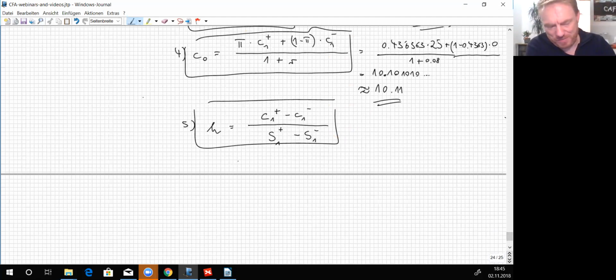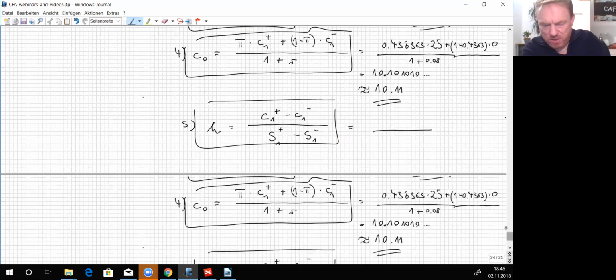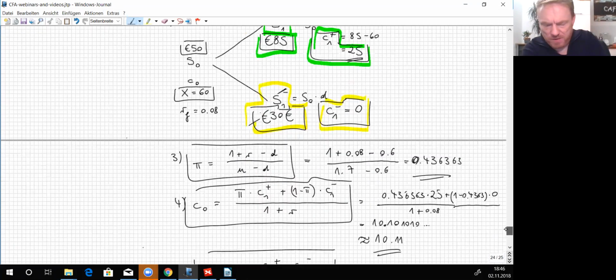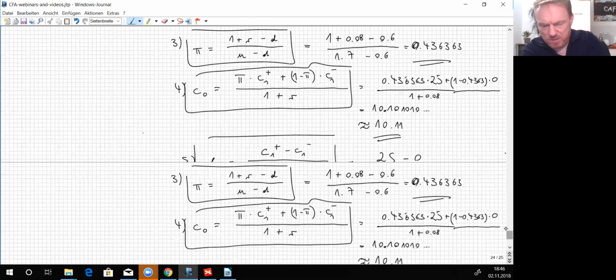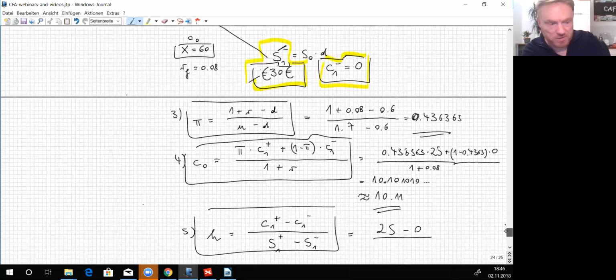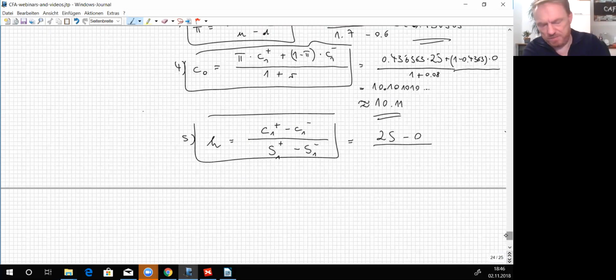So C1 plus, if I got it right, was 25 minus 0, divided by, wasn't it, 85 minus 30, right? Yes. 85 minus 30, which is 0.45.